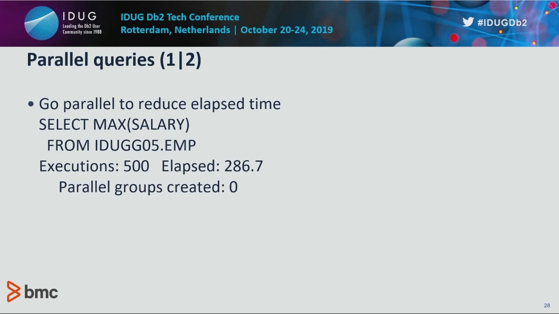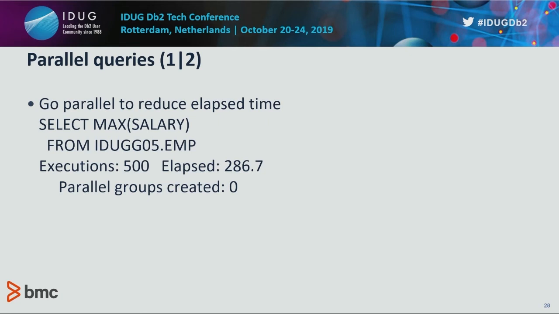This is an example for a parallel query more oriented toward elapsed time. And this is just a scan. Apparently someone wants to stay really up to date on what the maximum salary is across all the employees. When you run this and do the scan without parallel groups, your elapsed time is between 4 and 5 minutes.